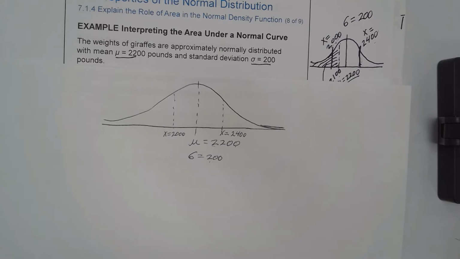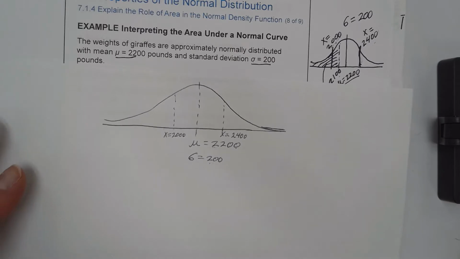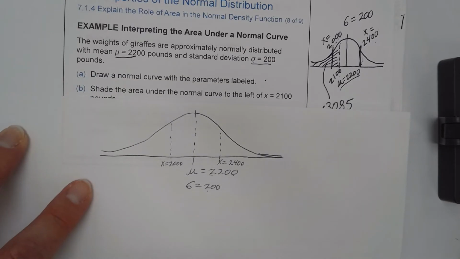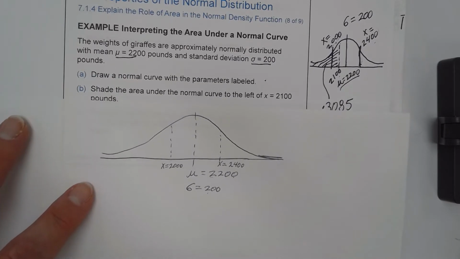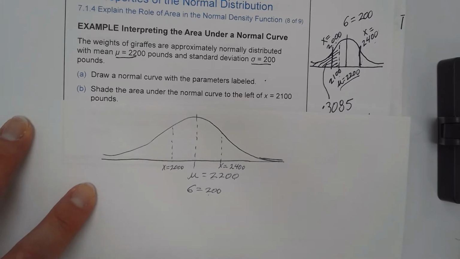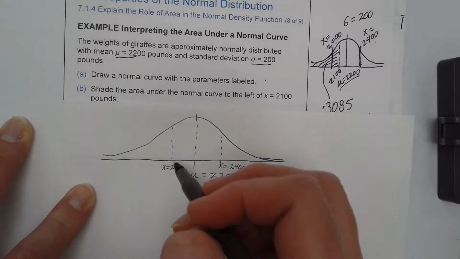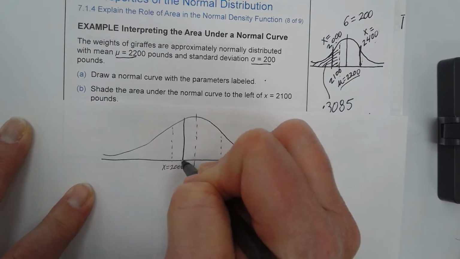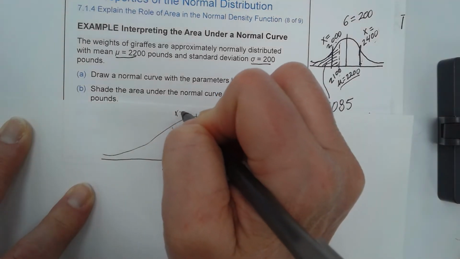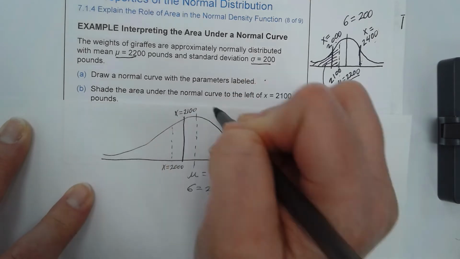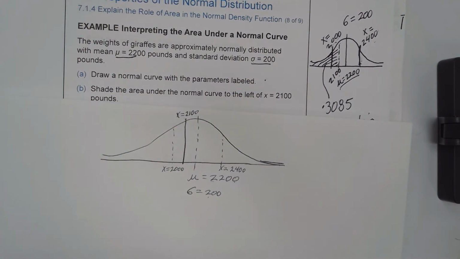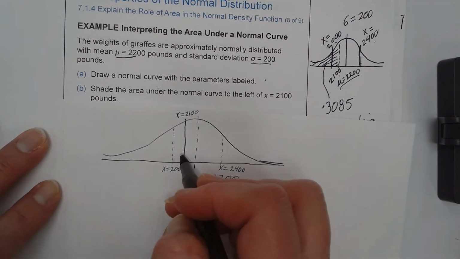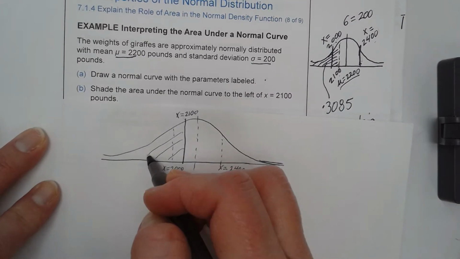Make sense? Okay. So then the second part of this said to shade the area under the normal curve to the left of 2,100 pounds. So where does 2,100 fall? In the middle of 2,000 and 2,200. So right in the middle here is x equals 2,100. Okay? So then the area to the left of that is what we want to shade.